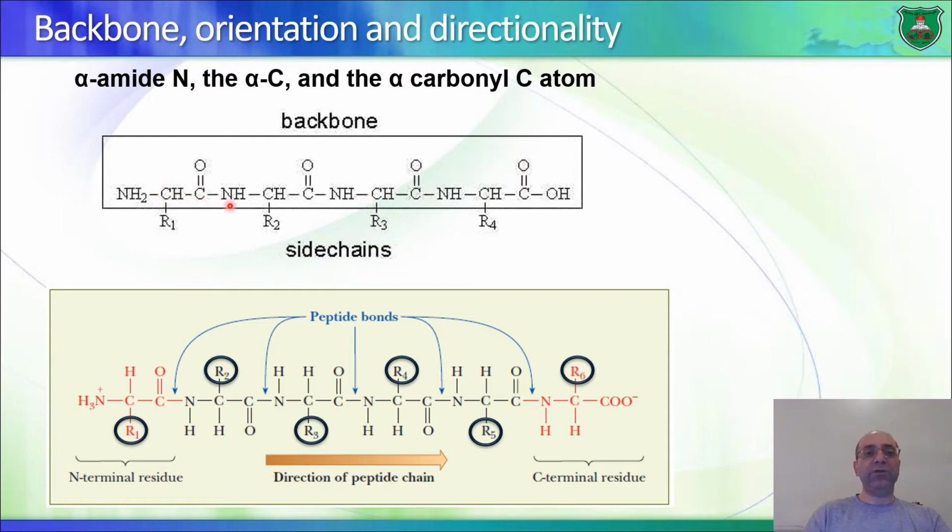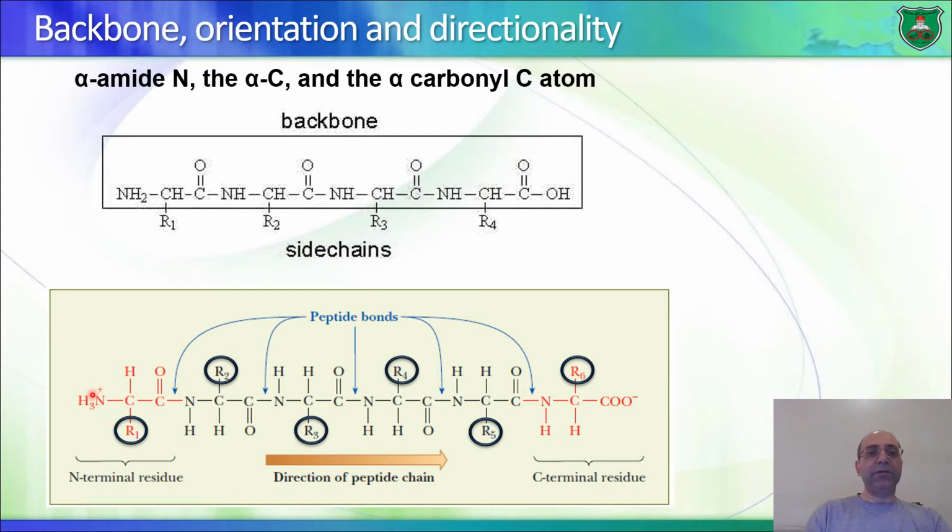And then you have the nitrogen, the central carbon, the carbonyl, and so on. This is the backbone of a peptide. In addition to that, you have side chains, which are the R groups that define amino acids. Here's a side chain, another side chain, a third side chain, and so on.